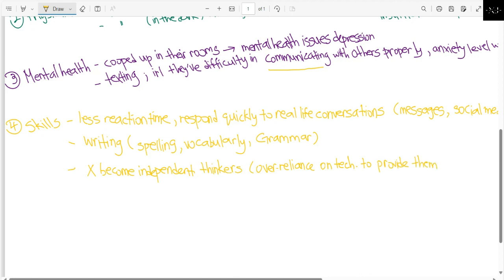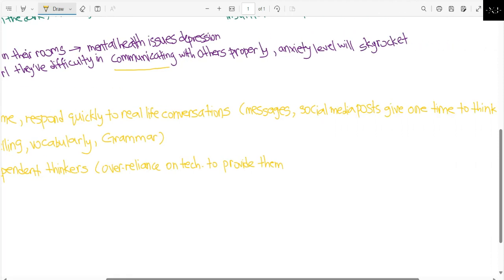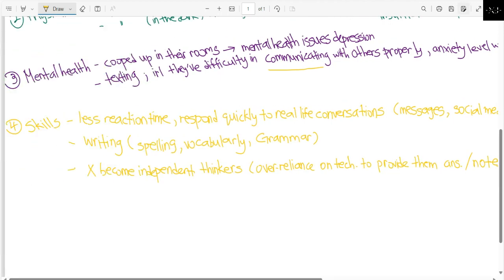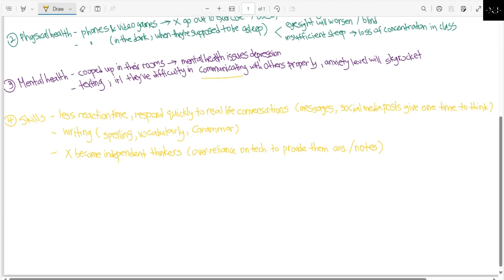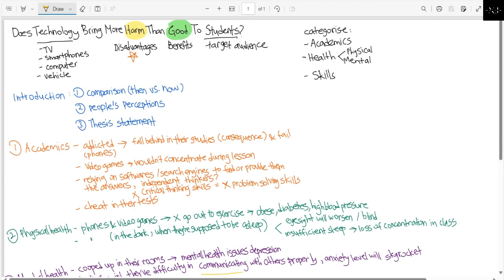Some students are too lazy to even make their own notes, right? So you notice, right? We are always going around and around on similar points. It's actually not that difficult once you get the hang of it.